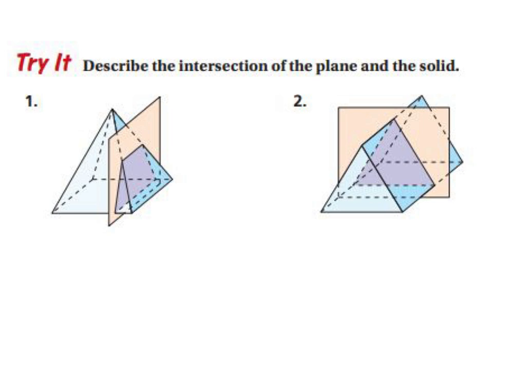So for one, the tan cross-section, or the tan plane, is going straight down through the right face of this pyramid, and the shape that we're left with, in this case, is actually a trapezoid.